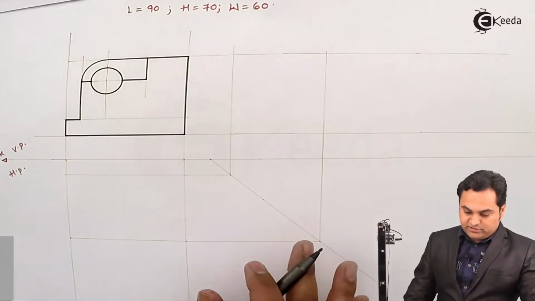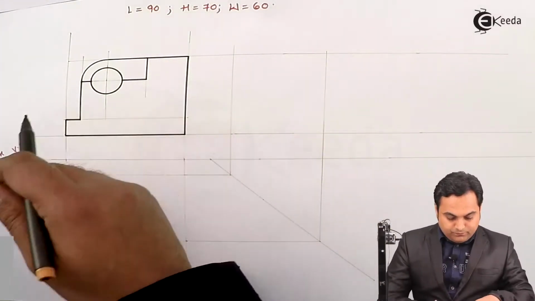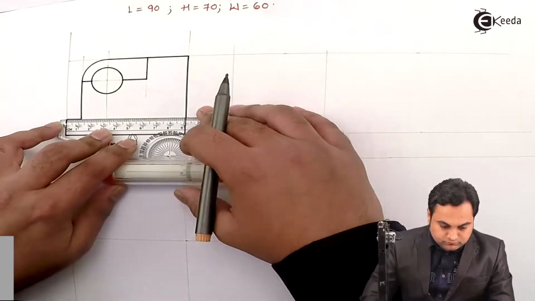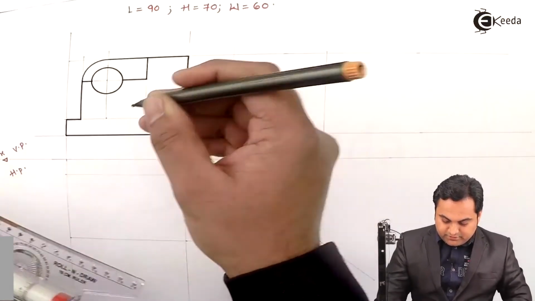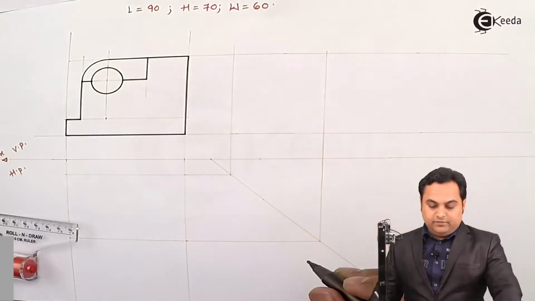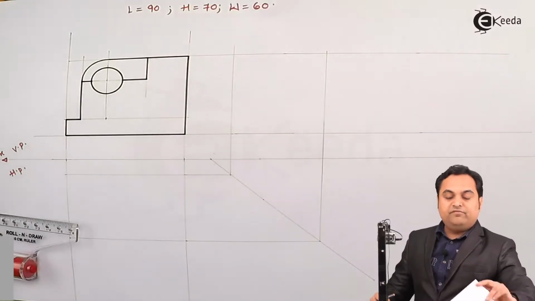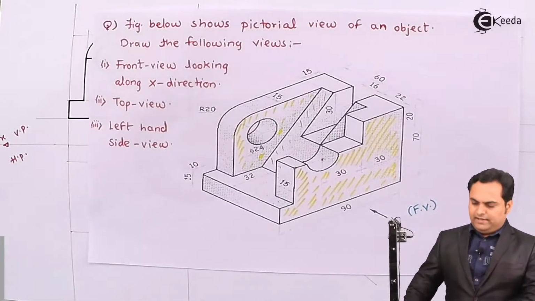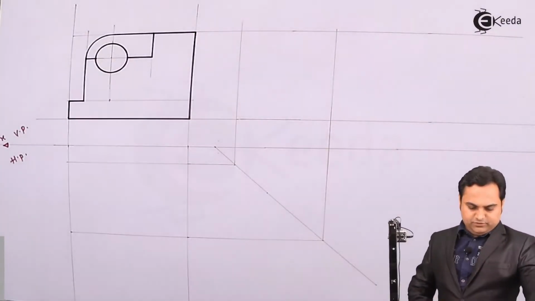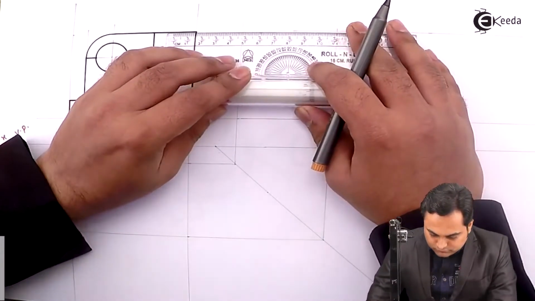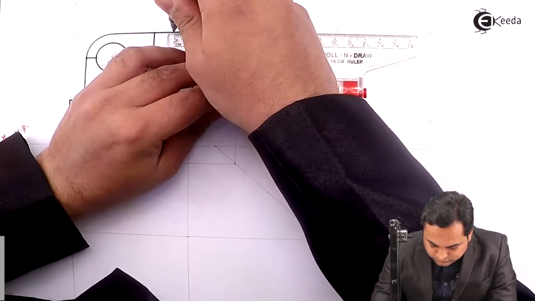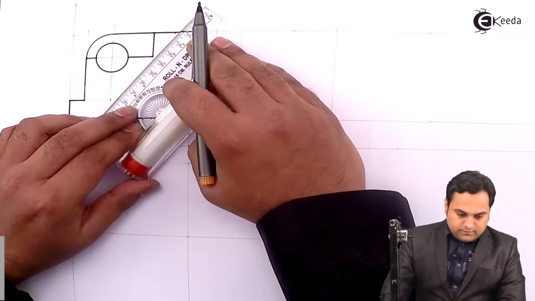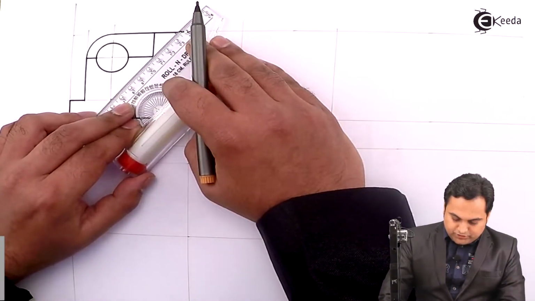I already have the height of this block, so measuring 32 mm, which I'm getting here exactly at the center, and then it will be connected by taking a length of 15 mm from the top, and at the bottom also I have this point, so just joining these 2 points to get the hidden slope.